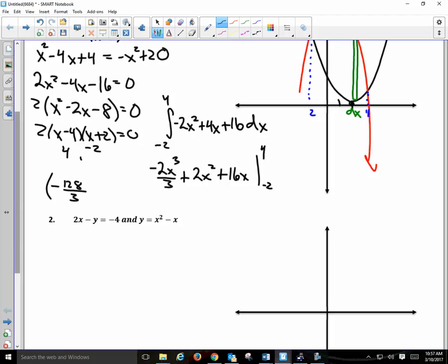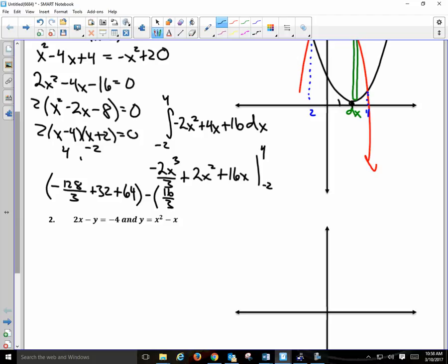Plug in 4. 4 squared is 16 times 2 is 32. 16 times 4 is 64. I type in negative 2. Negative 2 to the third, negative 8 times negative 2. So I have 16 thirds.